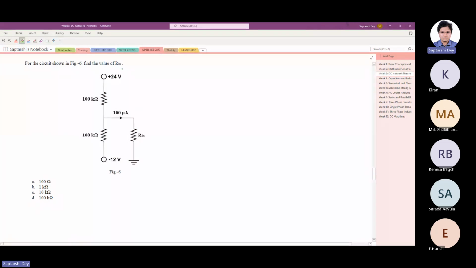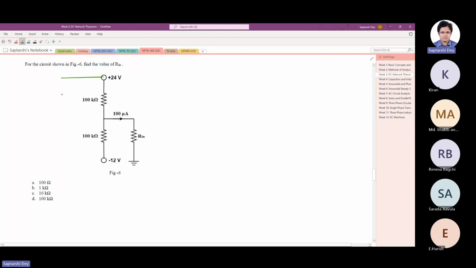What have they given? They have given the voltage 24 volt, minus 12 volt. In case you are confused or you cannot find it out properly, you can imagine a circuit like this.